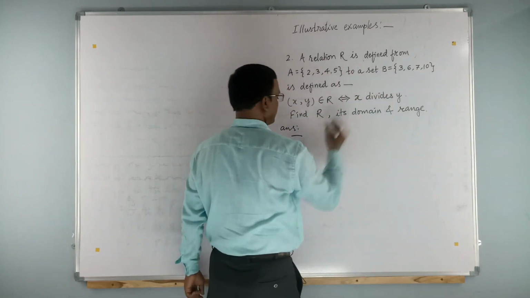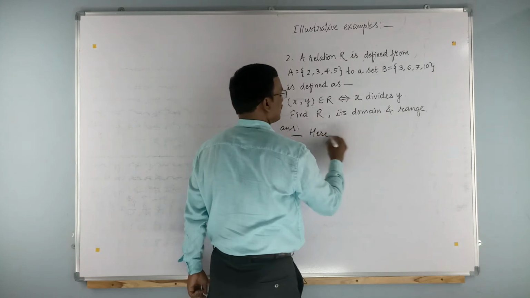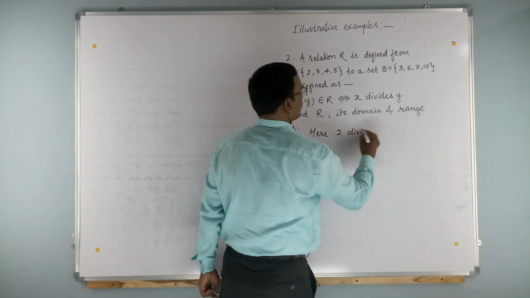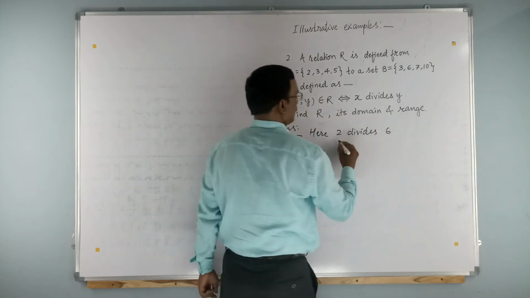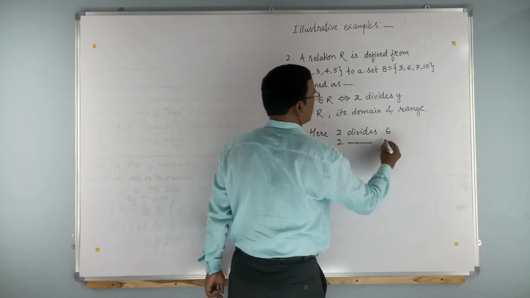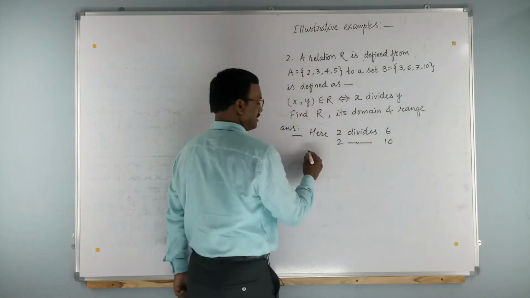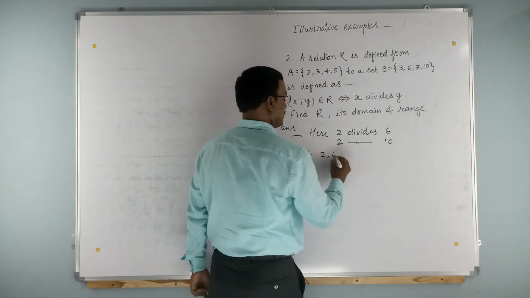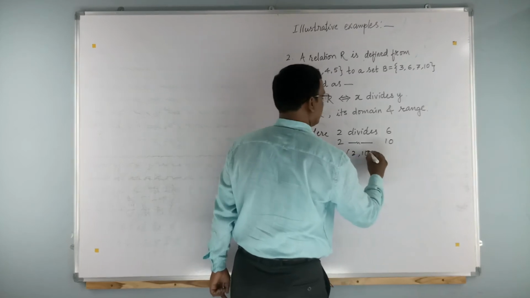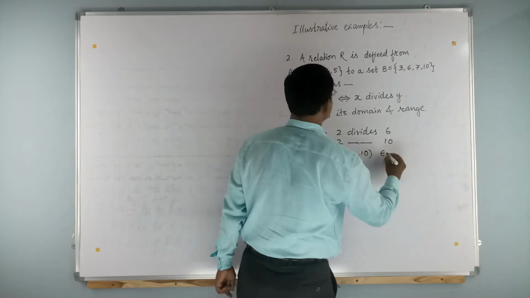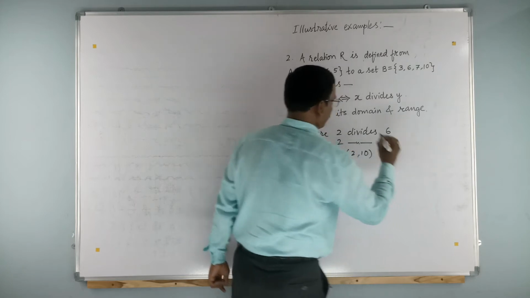No. 2 divides 6. So here I will write 2 divides 6. Then 2 divides 10. And that's why this 2 comma 6, 2 comma 10, these are the pairs in the relation.